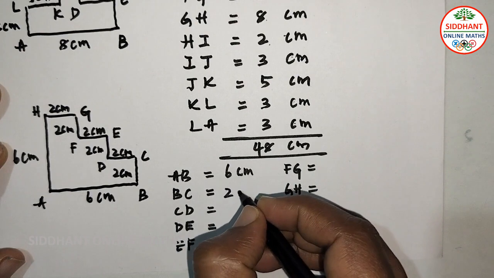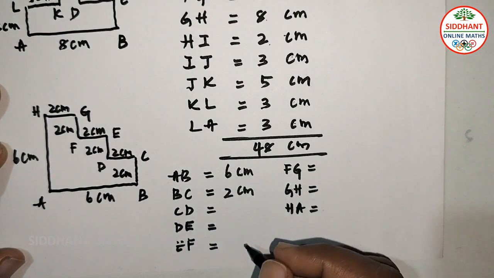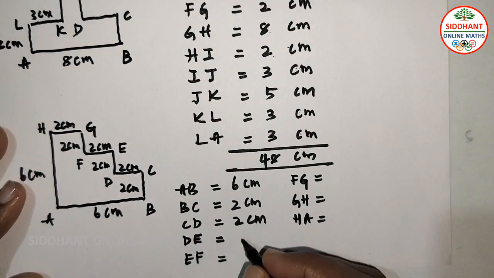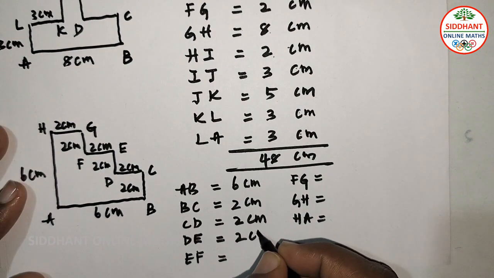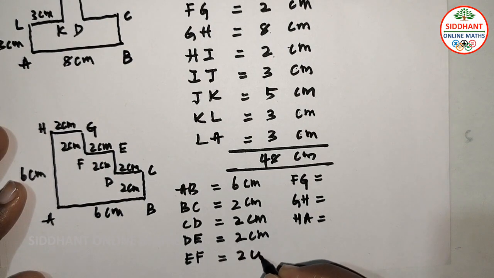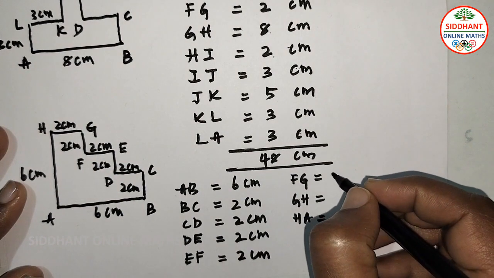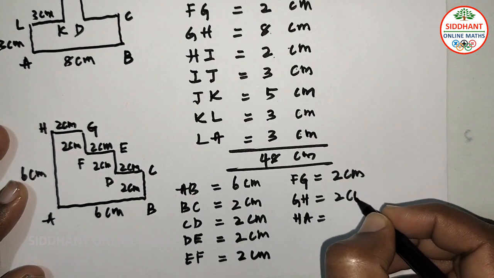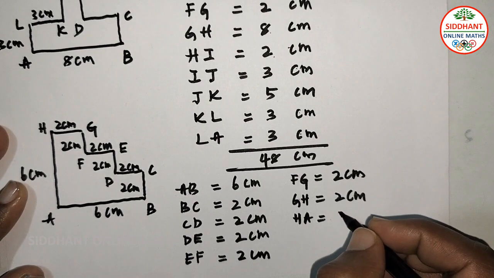So AB given is 6 centimeters, BC 2 centimeters, CD 2 centimeters, DE 2 centimeters, next EF 2 centimeters, FG 2 centimeters, GH 2 centimeters, HA 6 centimeters.